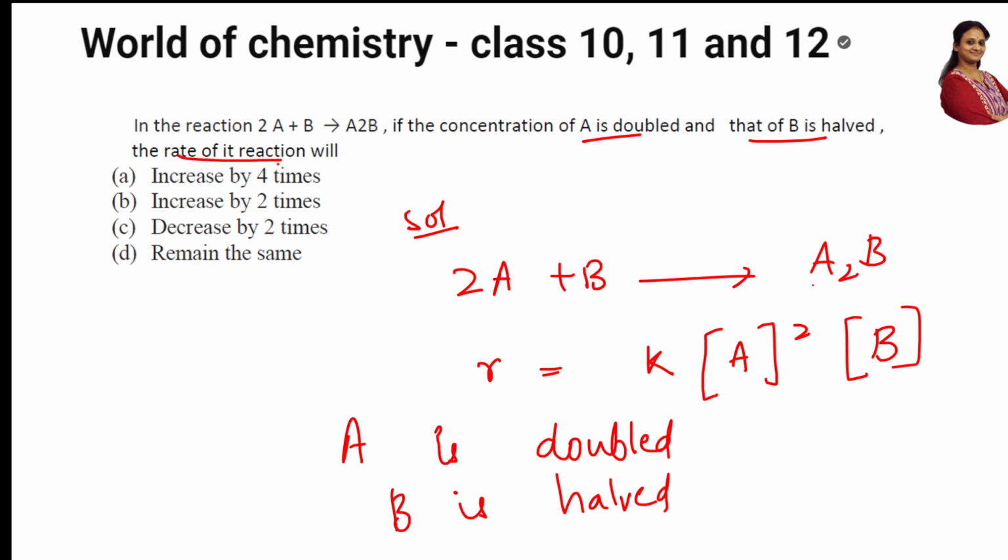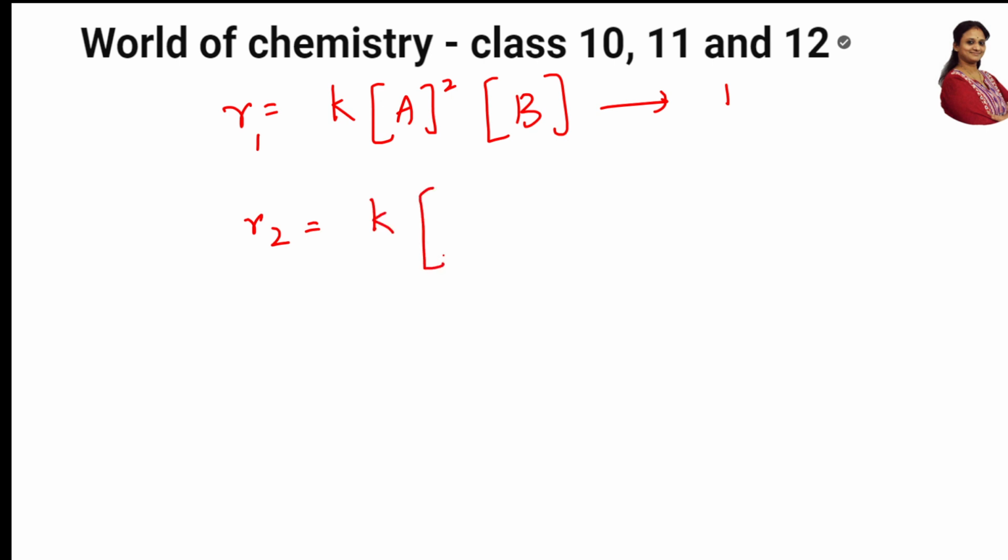Let us go back to this and apply the concept. What did we write? Rate is equal to K, A squared and B. This was the initial thing which we have written. This is the earlier one, R1.